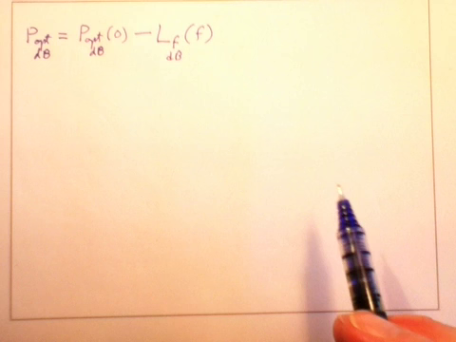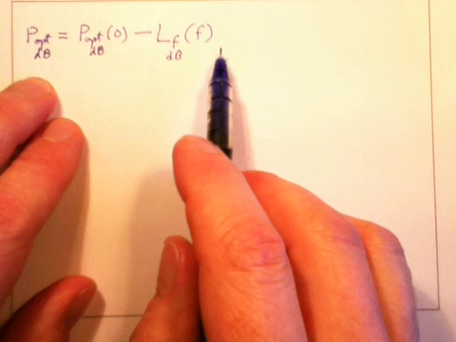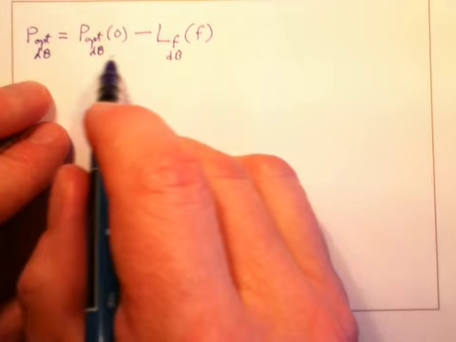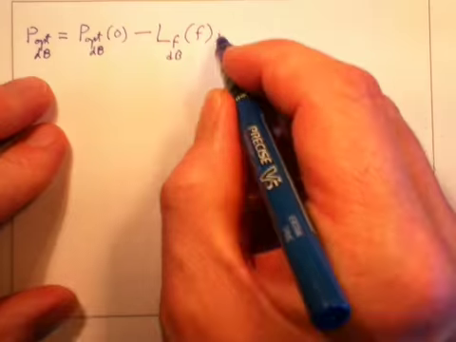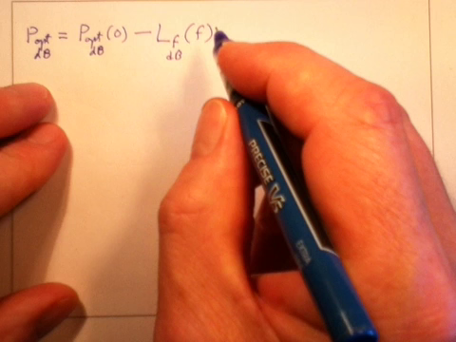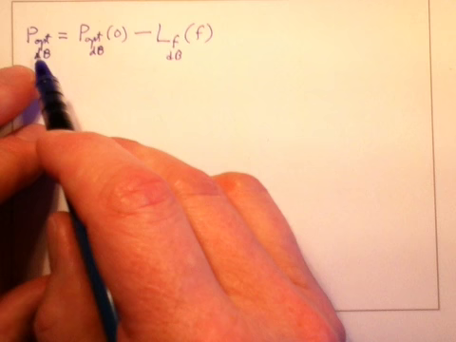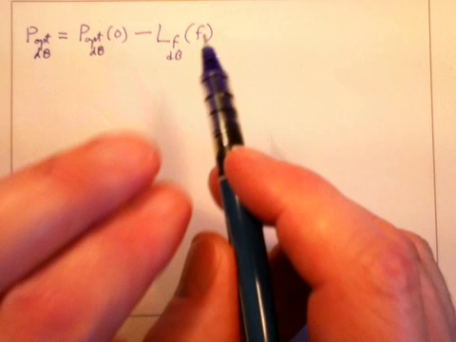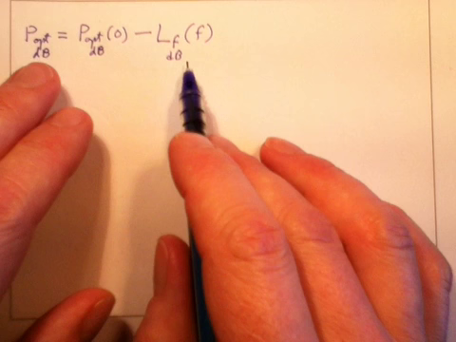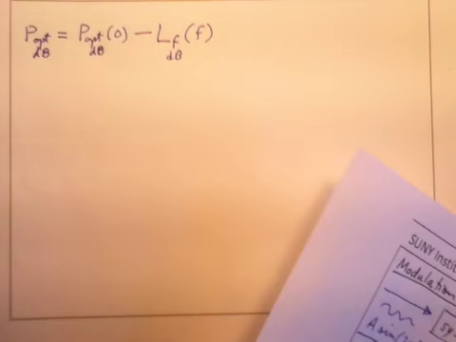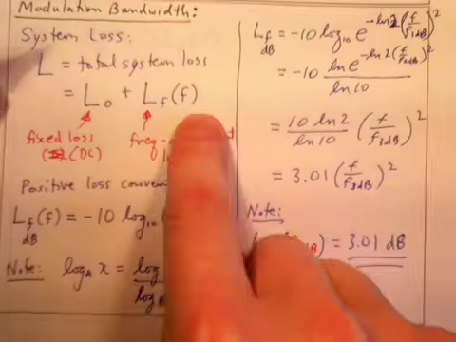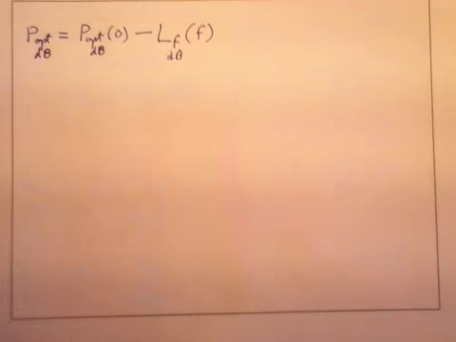So this is a general equation that, by definition, puts any optical power in terms of the zero frequency optical power minus that loss. So this is essentially the definition of this frequency dependent loss term.